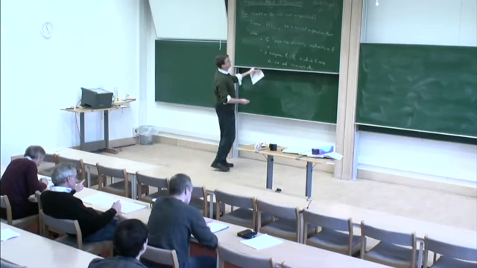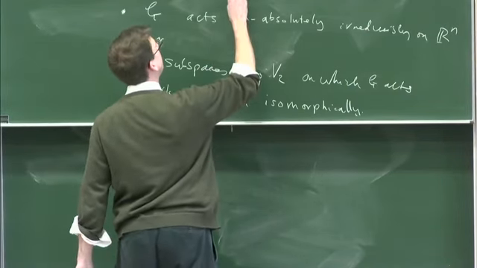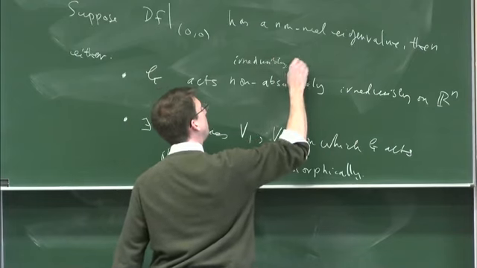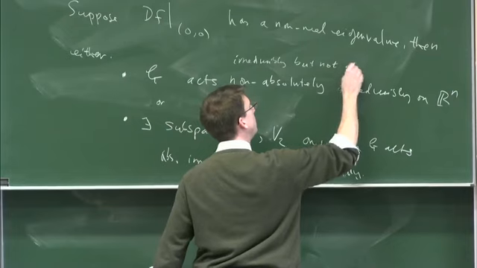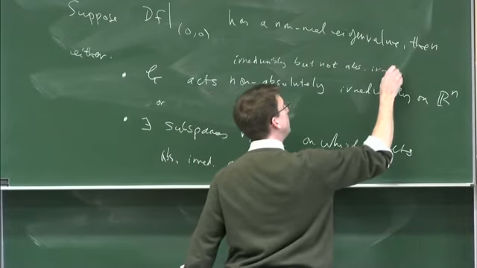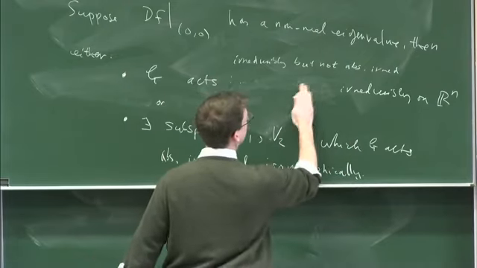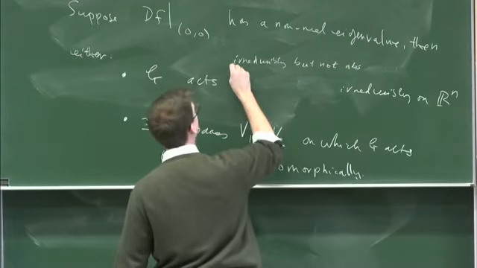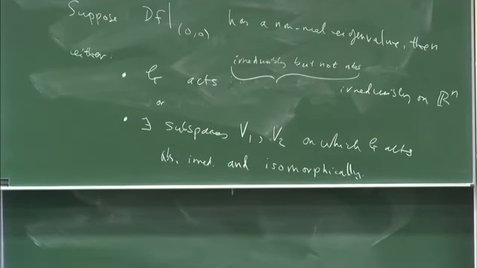Yes, I think that's what I'm trying to telescope into here. Let's make that explicit: irreducible, but not absolutely irreducible. Yeah, let's say that. That's clearer.